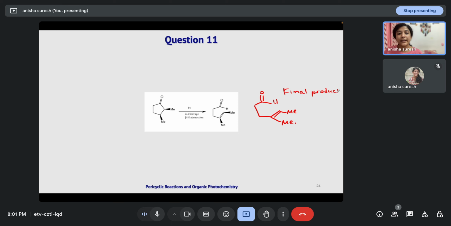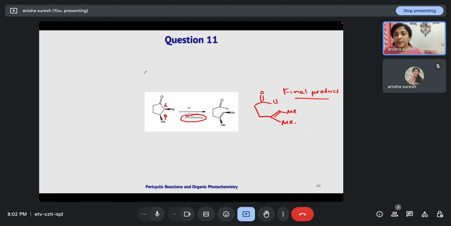Here they have mentioned an alpha cleavage and beta hydrogen abstraction. So the beta hydrogen abstraction they are telling with respect to here this counting alpha beta, okay? If we are counting from this center after the alpha cleavage, it will be alpha beta gamma, gamma hydrogen abstraction when we will be counting after the alpha cleavage. So here they have counted before the alpha cleavage, and that is why this is beta hydrogen abstraction.